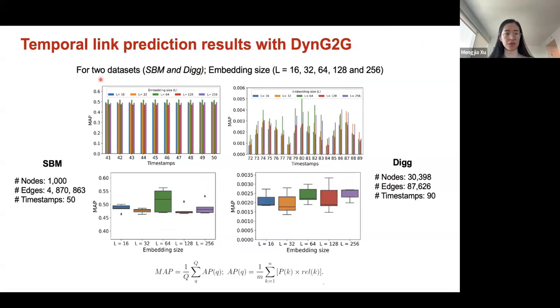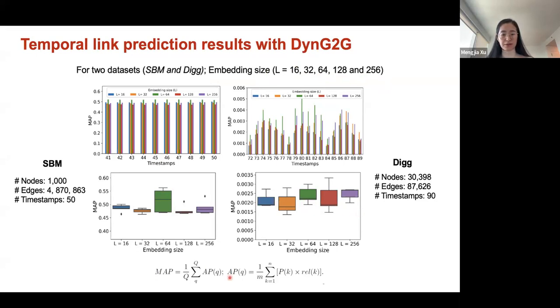And here we evaluate our method on temporal link prediction tasks with the proposed method, dynamic graph embedding, for these 2 different benchmarks, SBM and DIG. And we tested based on different embedding sizes, 16, 32, and 256.